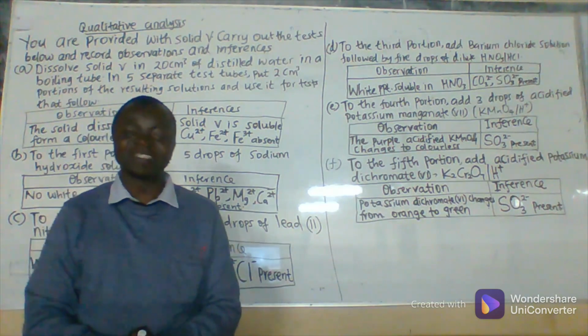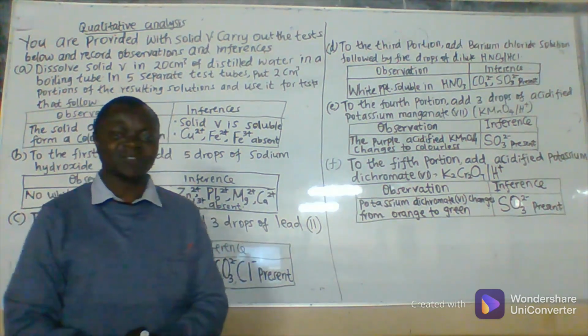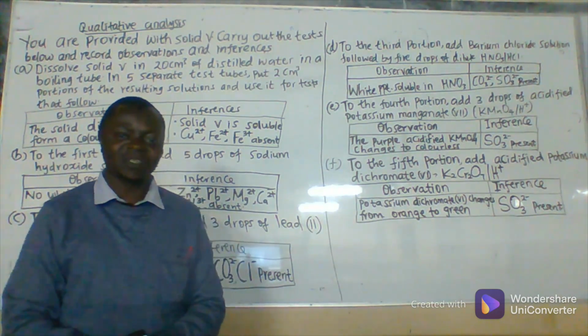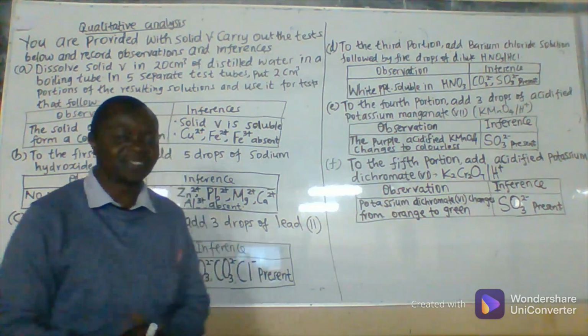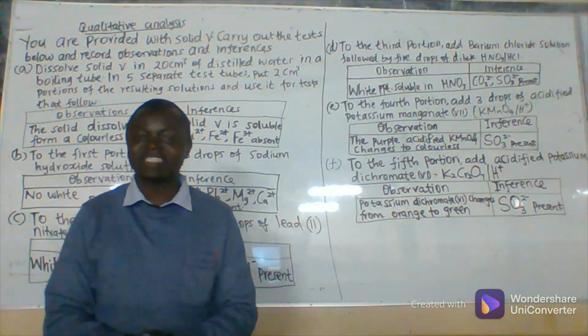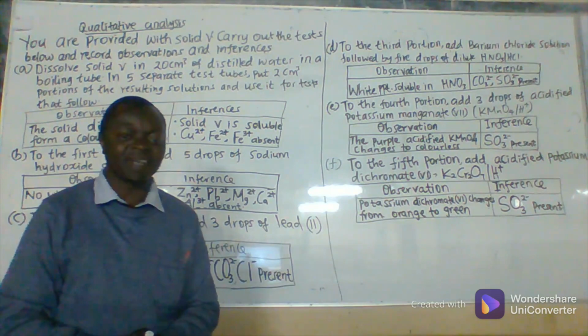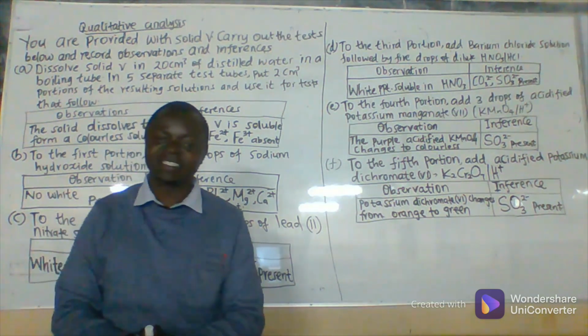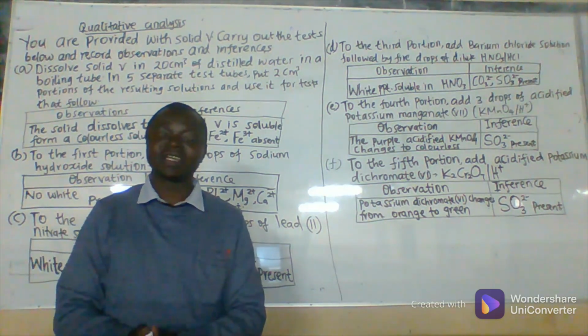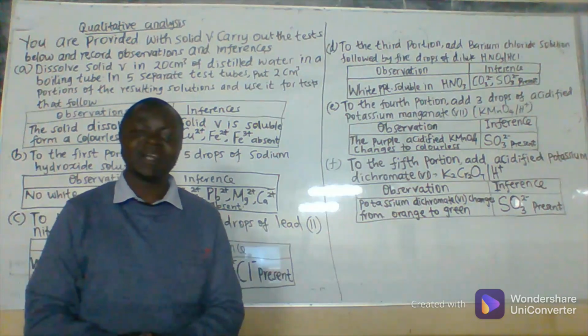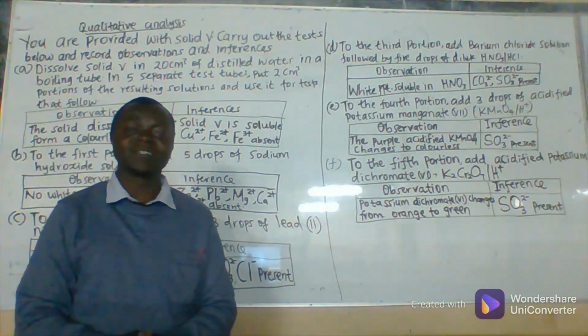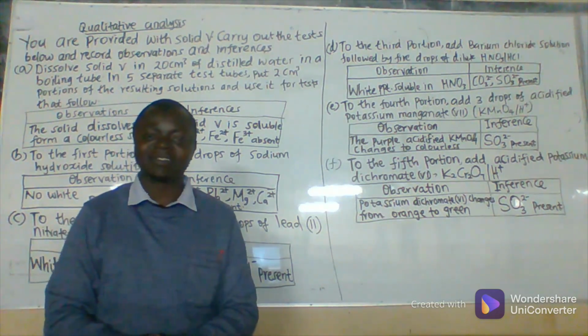To be more specific, we are going to be taken through a series of activities that will lead to identification of the sulphite ions. This was question 3 of paper 3 of KCSE 2003.